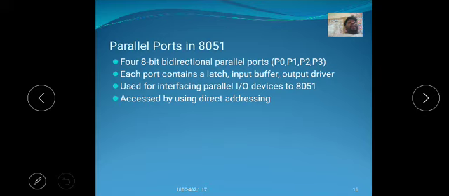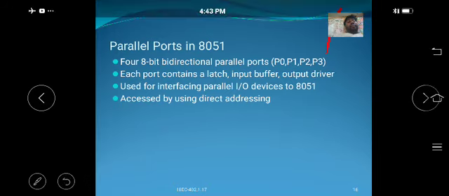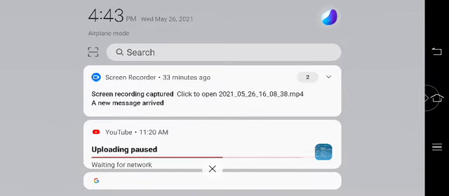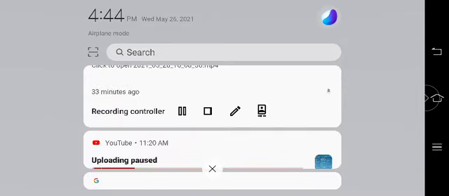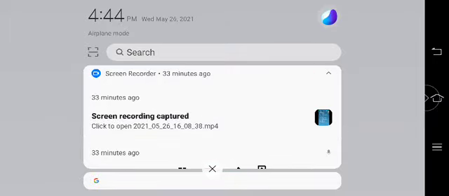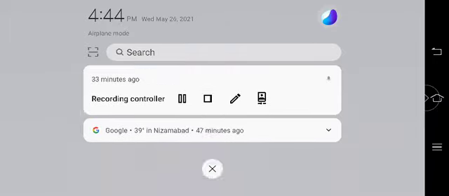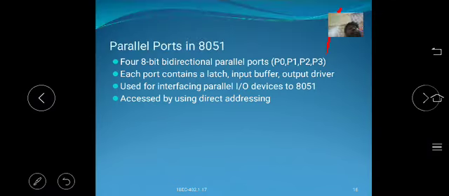Parallel ports in 8051. The four 8-bit bidirectional parallel ports P0, P1, P2, P3.